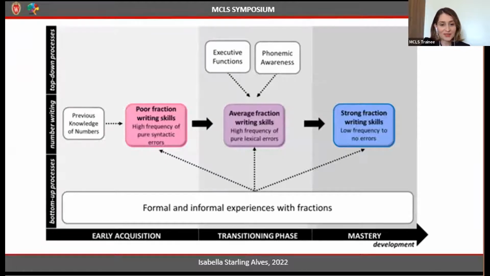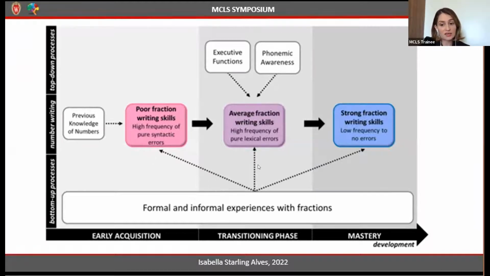Based on this, we thought about a developmental model. We believe that previous knowledge participants have about numbers in general, particularly whole numbers and ordinal numbers, may help them in writing fractions. But when they are still learning how to write fractions, they have poor fraction skills, and they may commit a high frequency of syntactic errors.